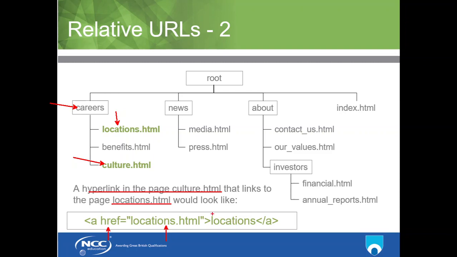So when this particular content is clicked, it's going to take you. Oh, sorry, I actually reversed this. I'm sorry. We were supposed to be here, culture. We are here, and now we want to click and go here. So that is the position. So as I was saying, if we are in culture.html, then the href attribute will have the value locations.html.